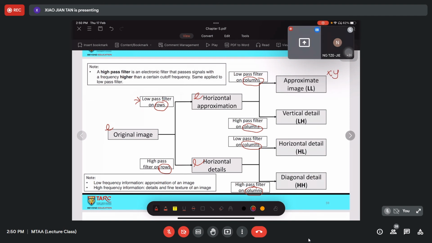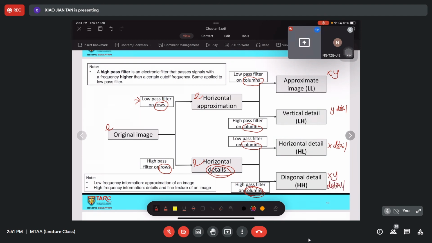But when you apply the high pass filter, you will get the vertical detail, the y detail. For the horizontal detail, this already consists of a detail-only image. If you apply the low pass filter, you will have the horizontal details, and if you apply the high pass filter, you have x and y in detail.